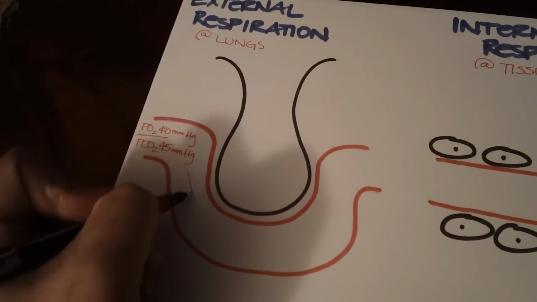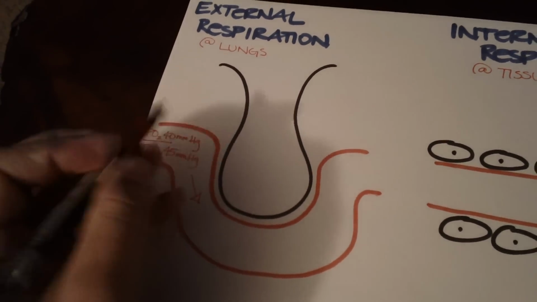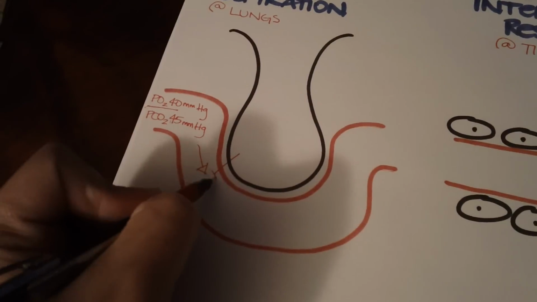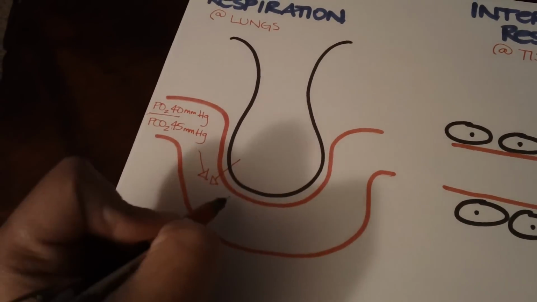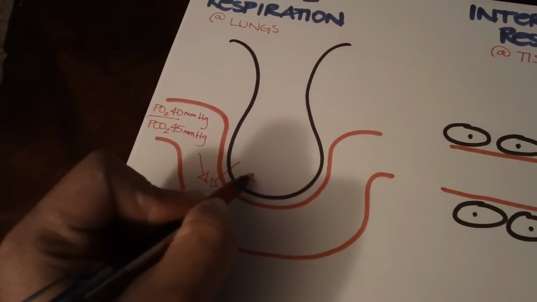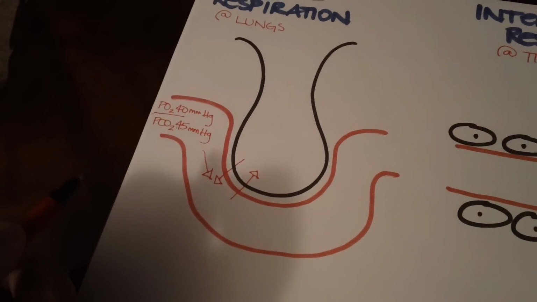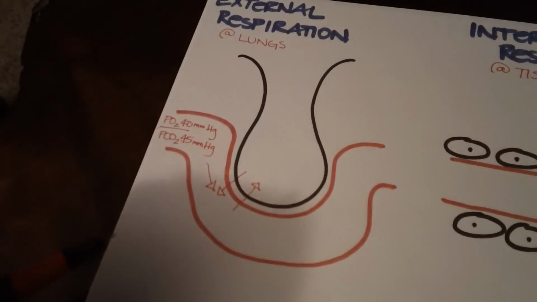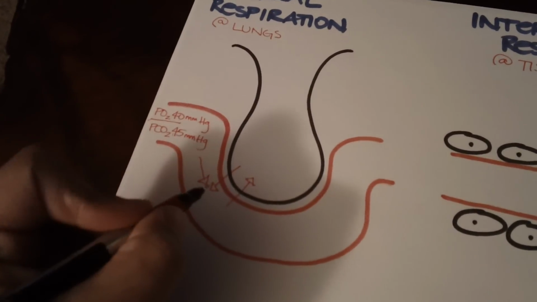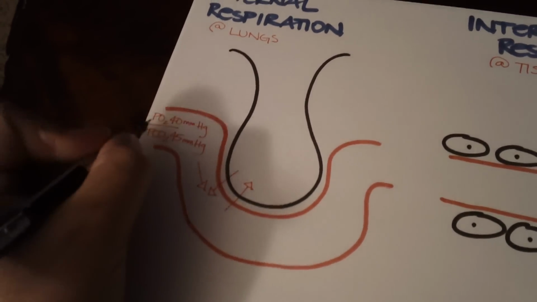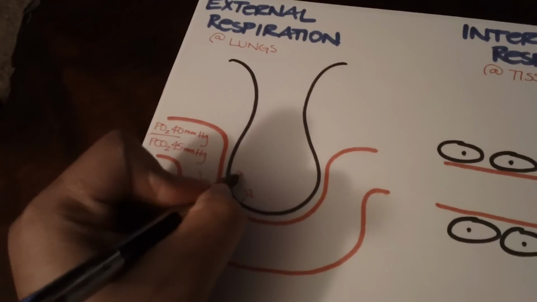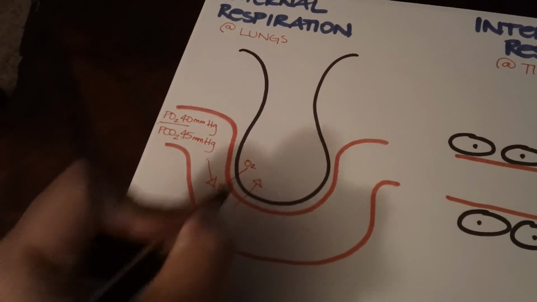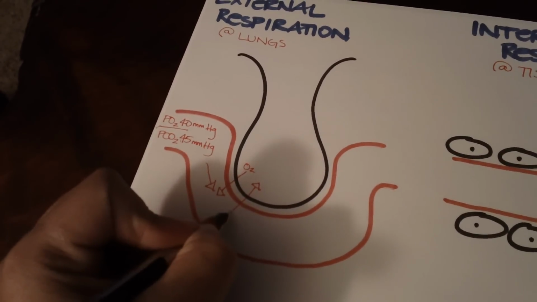As it goes through here, we're obviously going to be picking up oxygen from the lungs and unloading CO2 to then fill the lungs back up for us to breathe out. So our partial pressure of oxygen is going to be increasing, right? Because we're loading it on from the lungs.